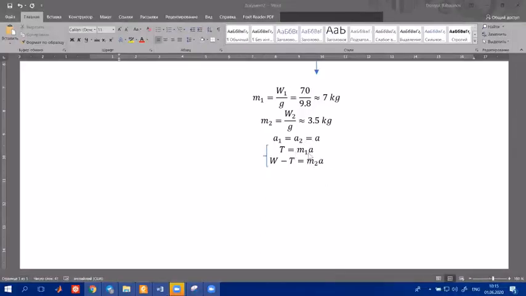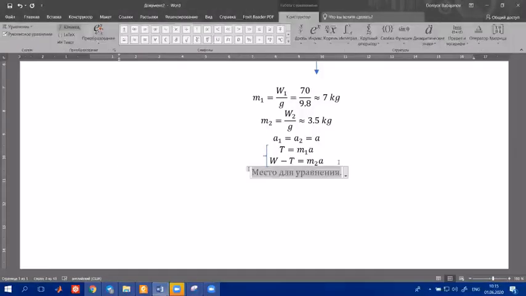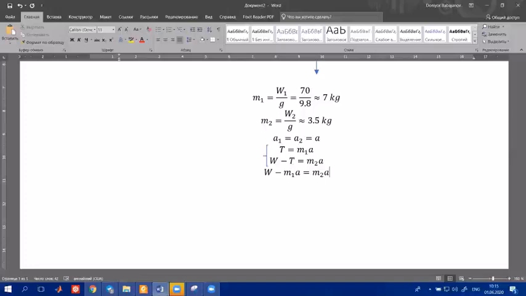The idea is to substitute T here. Then substitute the first equation into the second, and we get W minus m1a equals m2a. Then from this equation we can find the acceleration.